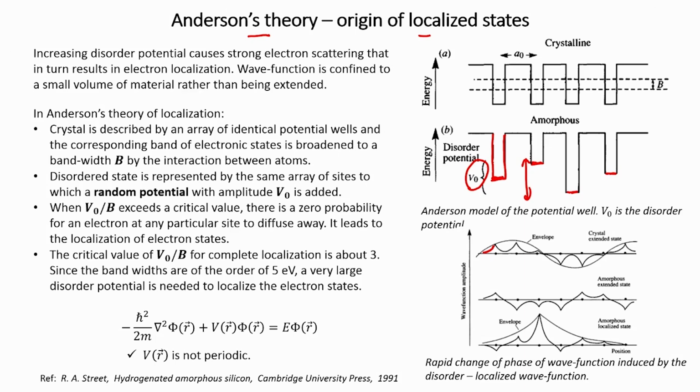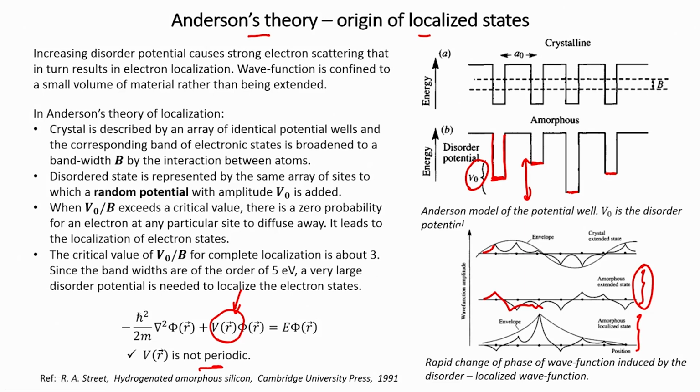As a consequence, in Schrodinger's equation, your potential energy term is no longer periodic, and there are two possible states in which the electrons could exist. The electrons that stay above your conduction and below your valence band, which we defined as the extended states, have a wave function that actually propagates through the solid.